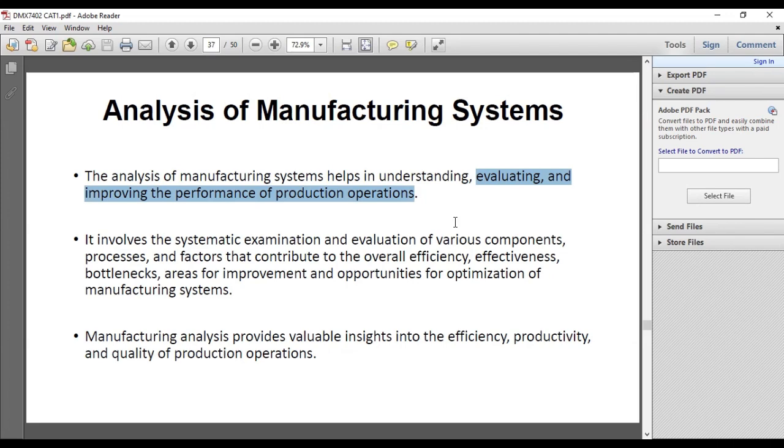Analysis involves examination of various components and the process, and the cost, trying to increase efficiency and improve product quality of manufacturing parts. Okay.